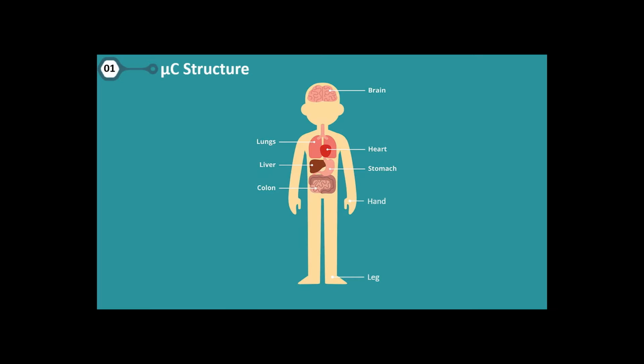So starting with the microcontroller structure, let's say that the human being is a microcontroller, or the human being is a system. Basically, the human body consists of brain, heart, lungs, stomach, liver, hands, legs, and other organs.